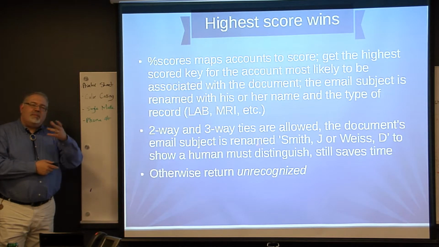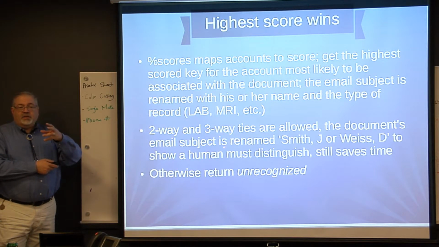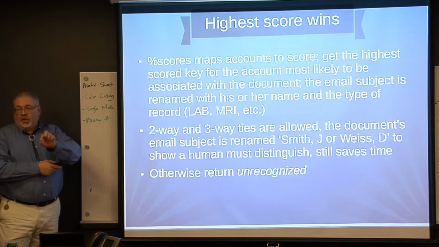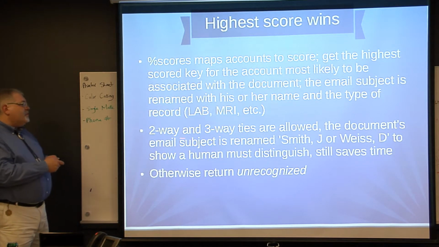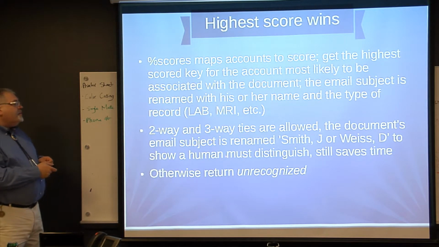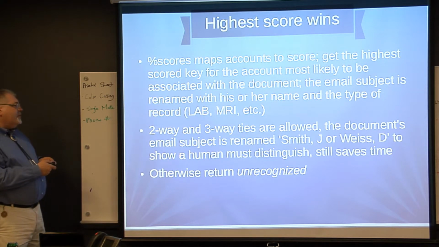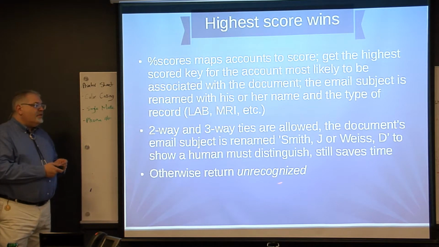In the database, it'll show that this email is now attached to that particular patient, and there's a field in each email in the system for which chart number it belongs to. We allow 2-way and 3-way ties, and then we rename like Smith J or Weiss D to show that a human must distinguish. That still saves time. Otherwise it's unrecognized.